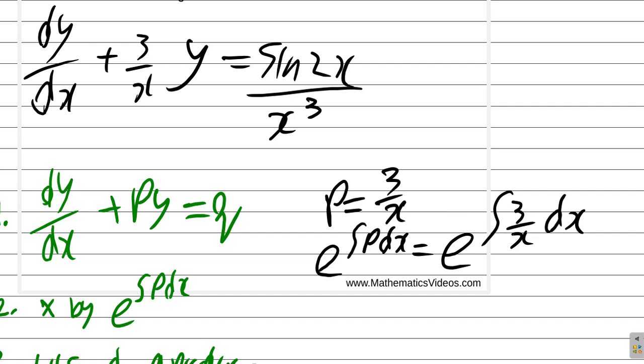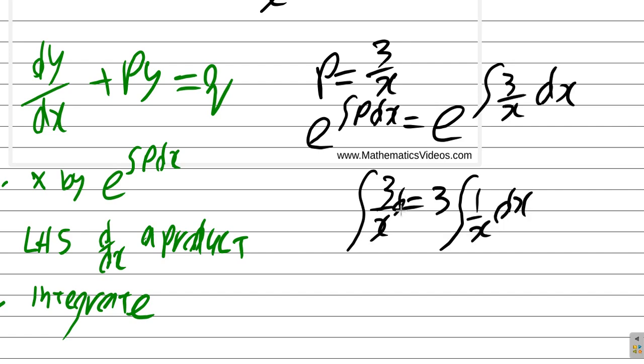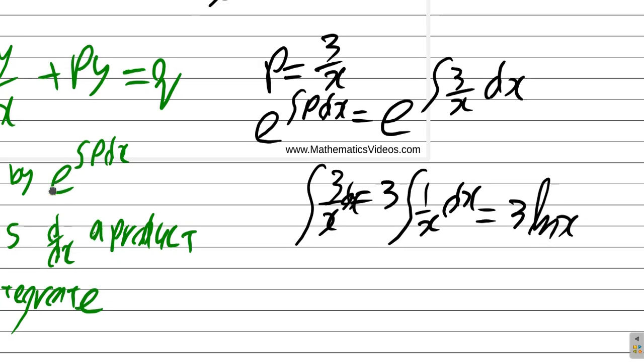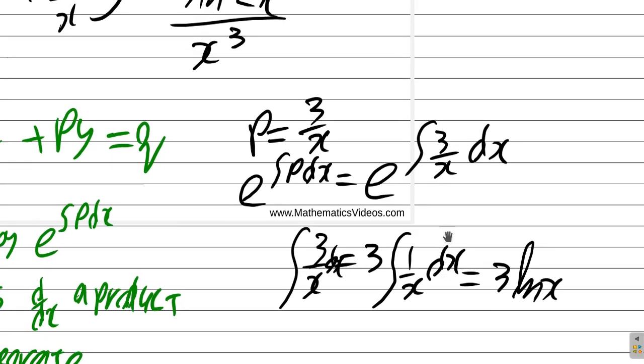Now, what is the integral of 3 divided by x? The integral of 3 divided by x is the same thing as 3 times the integral of 1 over x dx, which is equal to 3 ln x. Well, you know that when you integrate, you put the constant of integration. But in this case, you leave it out, or you can say you assume it to be 0.